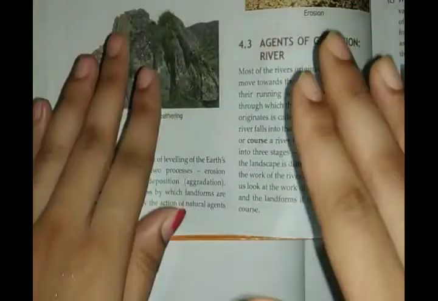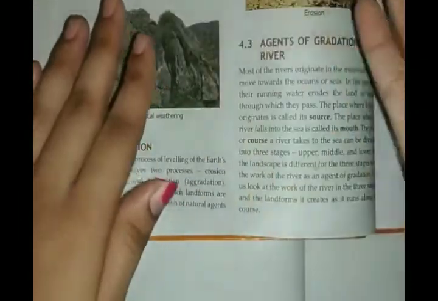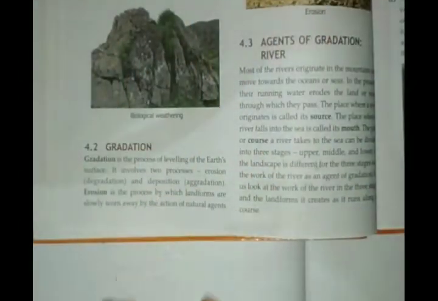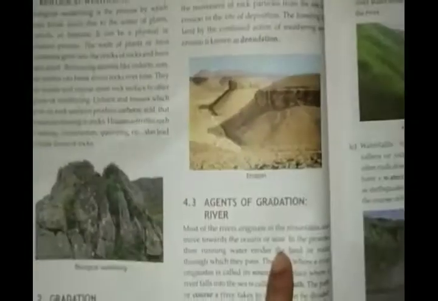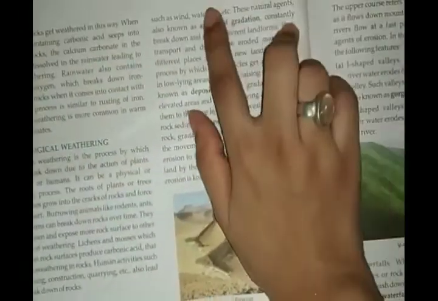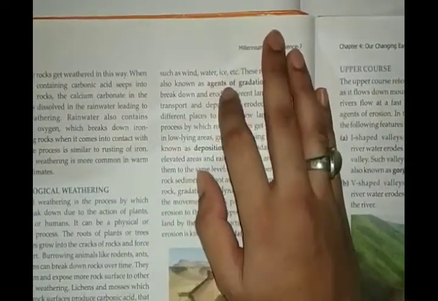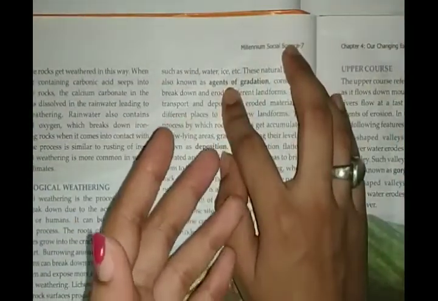Here the land becomes low, and on other places the land becomes high. This lowering and leveling of the land is known as gradation. So agents of gradation such as wind and water help in leveling the land. How? Yesterday I told you, by flood.